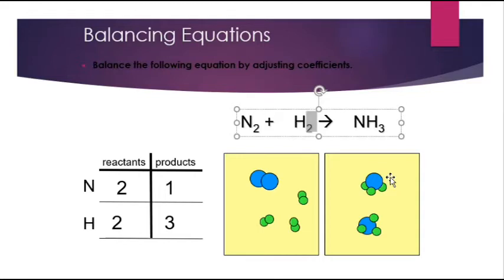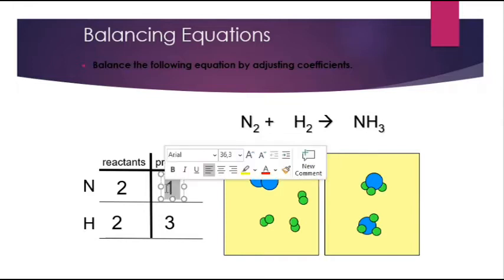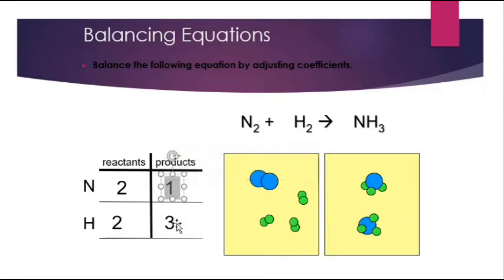All right. So you have two nitrogen in the reactant, two hydrogen in the reactant. Well, in the product, we have one nitrogen and three hydrogen. So how will we make this equal?